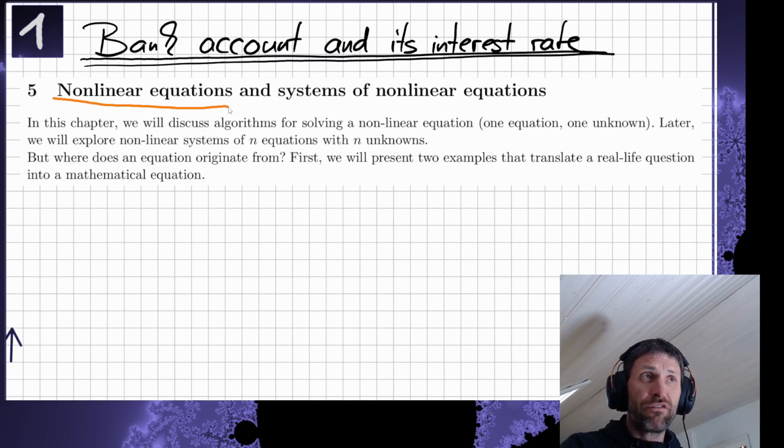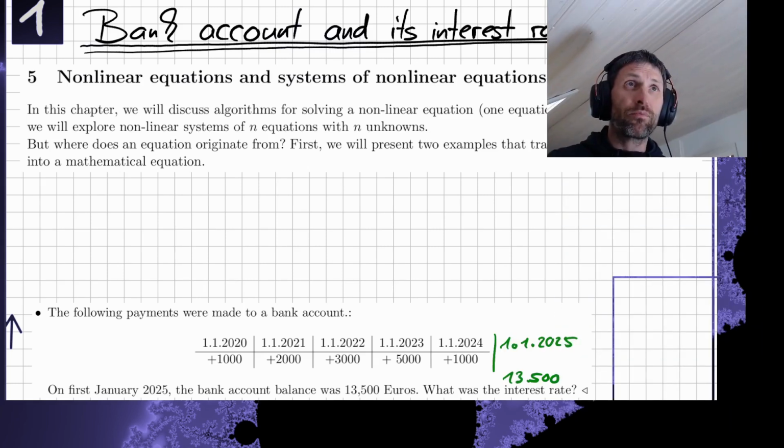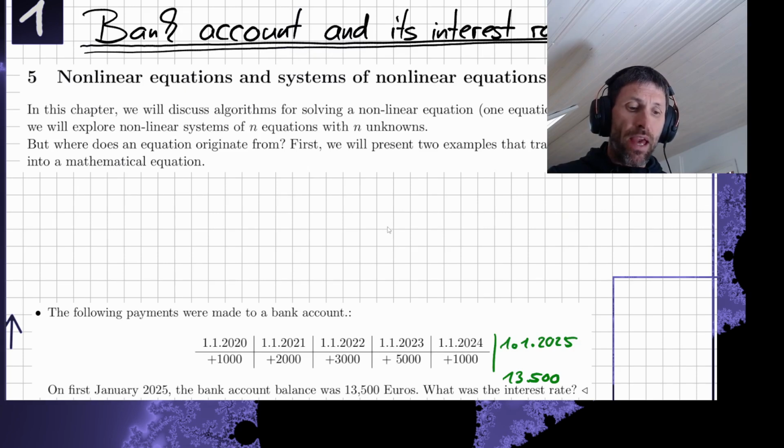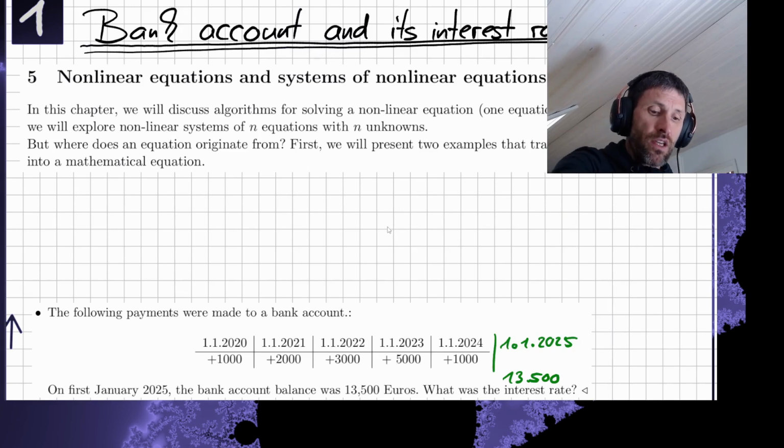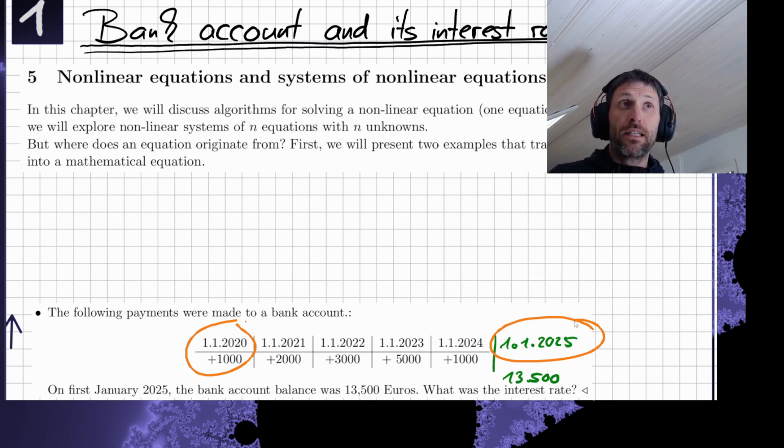So, what is a very simple example? A very simple example is the following one. We have a bank account. And on this bank account, on the 1st of January 2020, we bring 1,000 euro to the bank, and then we wait 5 years.